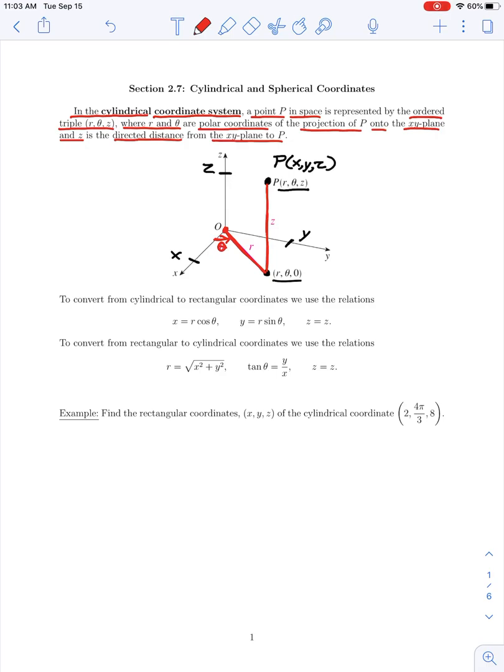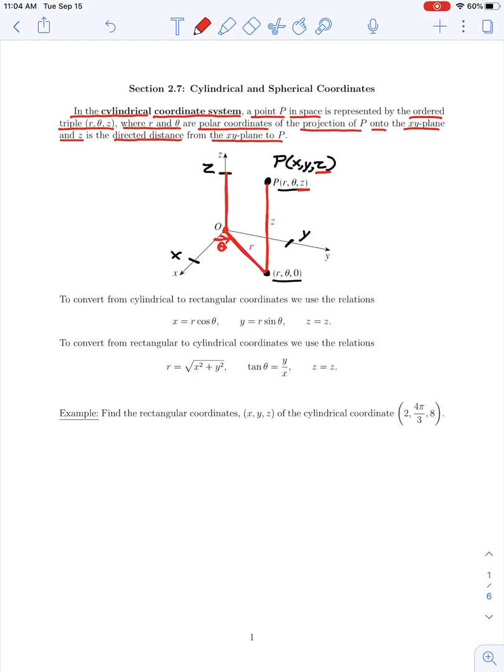Of course, that would be the same distance if we were to travel directly along the z-axis. So the z coordinate for a point in cylindrical coordinates is exactly the same z coordinate that we would have for that point if we were using the rectangular coordinate system.